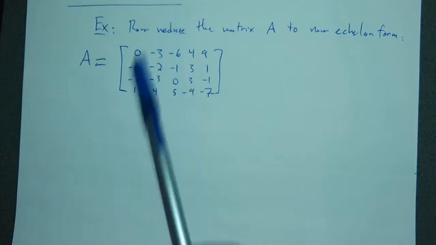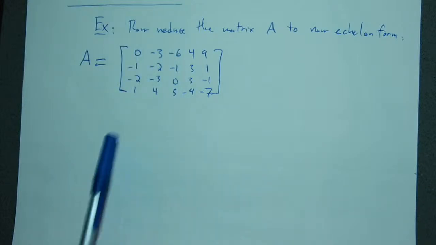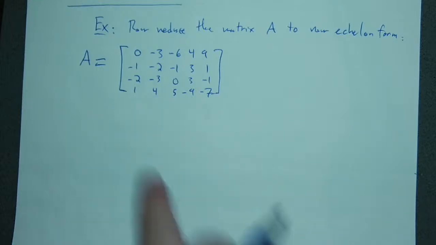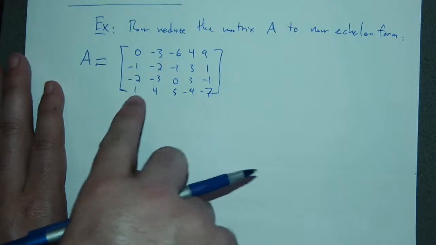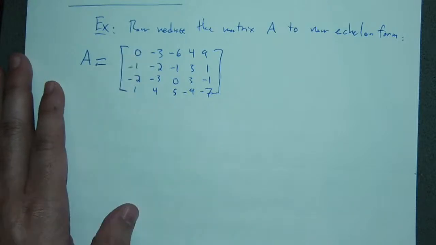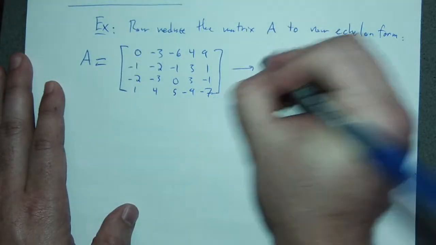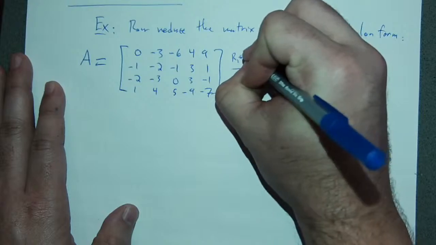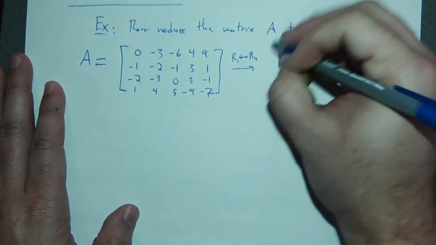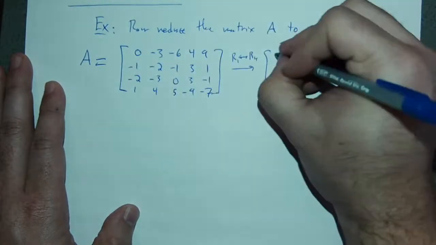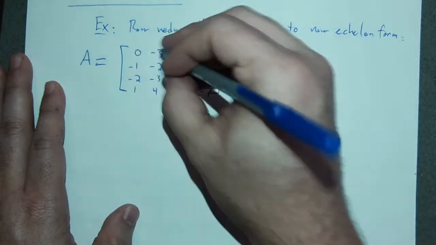There are instances where in this process you're not going to make this a 1 immediately. I will talk about that in a second. But in this case, if I swap row 1 and row 4, then I've put a 1 in that spot.